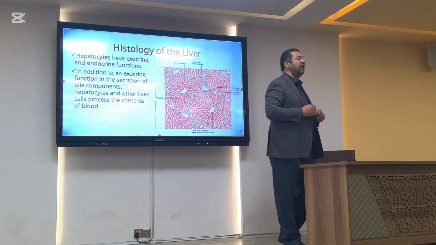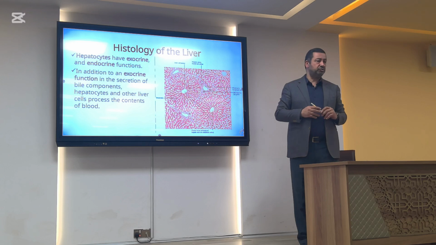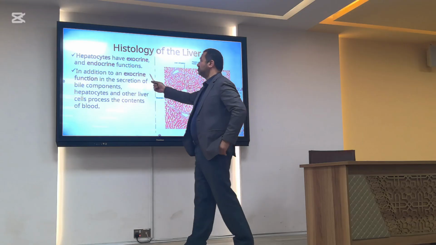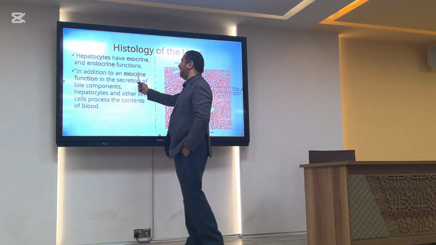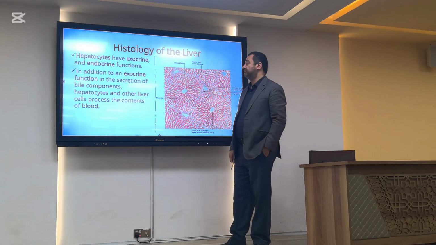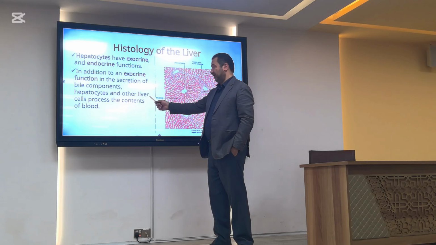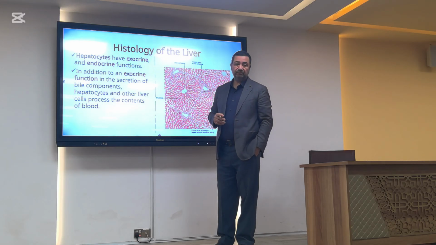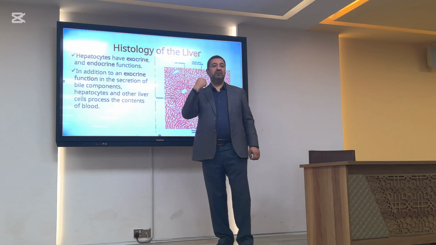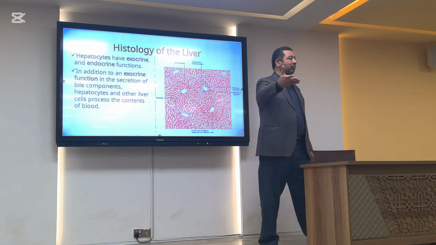I said hepatocytes have exocrine and endocrine functions together. In addition to an exocrine function in the secretion of the bile components, hepatocytes and other liver cells process the contents of blood. Hepatocyte receives some nutrients from the blood and sends something to the blood.